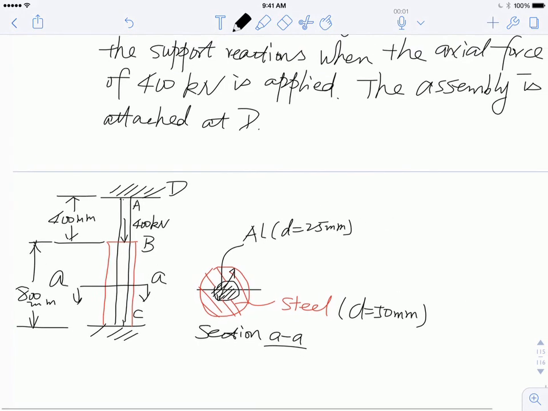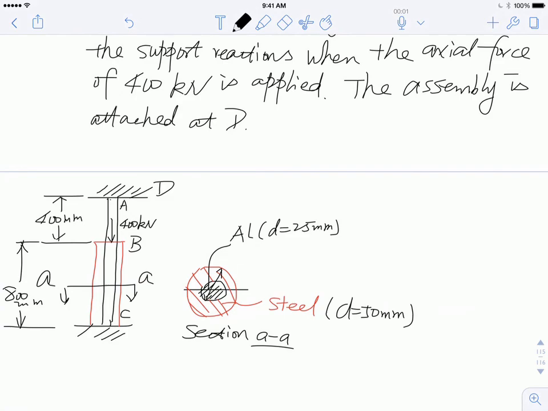One more thing to be clear: the aluminum and the stainless steel here are tightly close to each other. They are a snug fit. Therefore there's no slip, no relative displacement from aluminum to the steel.